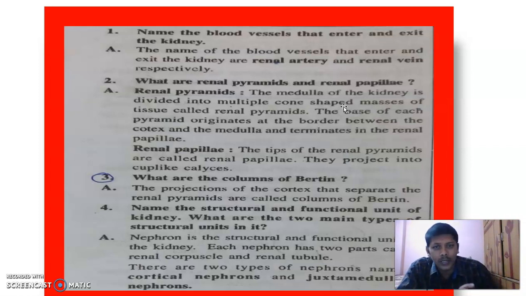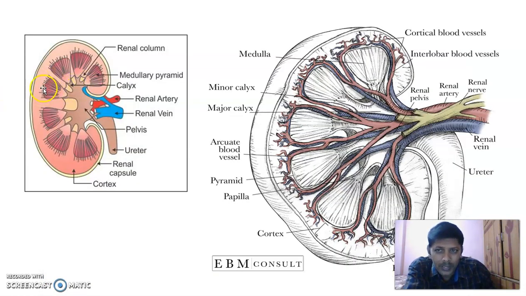What do we call it? Renal pyramids. The base of each pyramid originates at the border between cortex and medulla. And where it terminates, ekkada antam avutundante idi, it is ending here. Where? At renal papillae daggara end avutundi. It is originating here, terminating here.